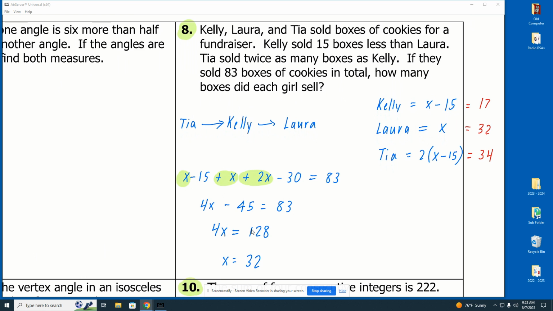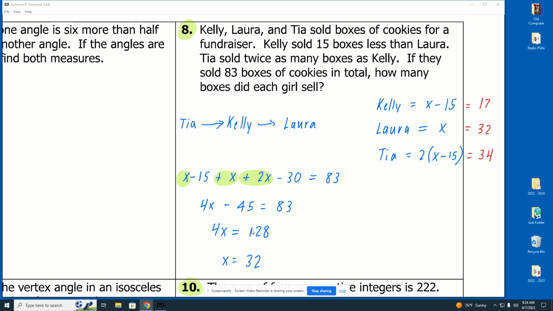It just defines 17 as X. Yeah, that's fine. The only reason I maybe wouldn't have gone that route is because then you have to change the equations because it said that Kelly was 15 less than, so you just have to reapply that to Laura being 15 more than. Does that make sense? Yeah. But perfectly fine. Okay?